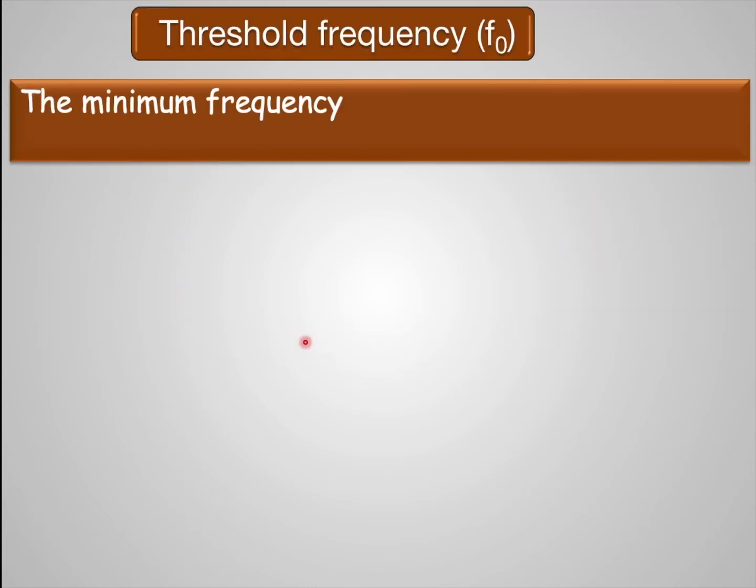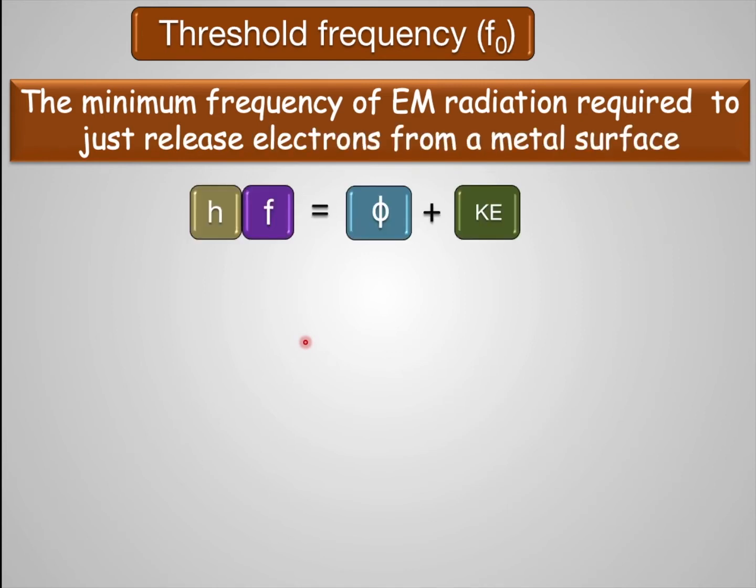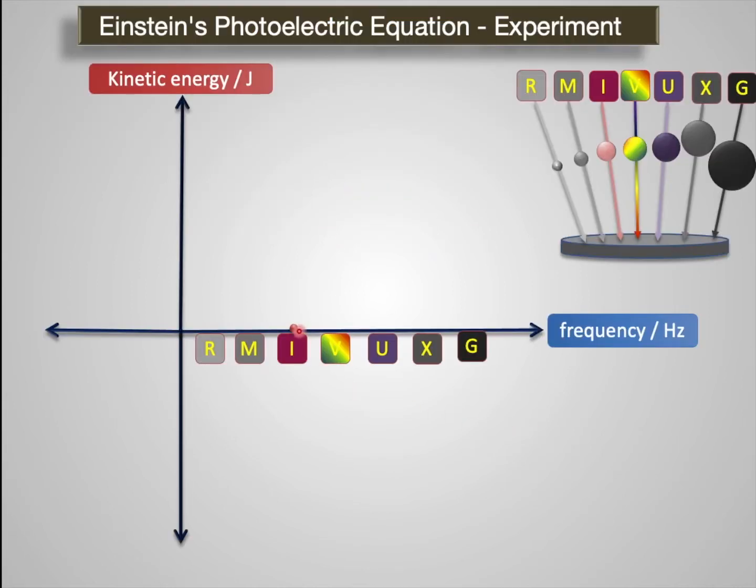Threshold frequency is the minimum frequency below which no emission will occur. If the radiation has exactly the threshold frequency, it can just remove the electron, with no kinetic energy. So in this example, infrared has the threshold frequency.